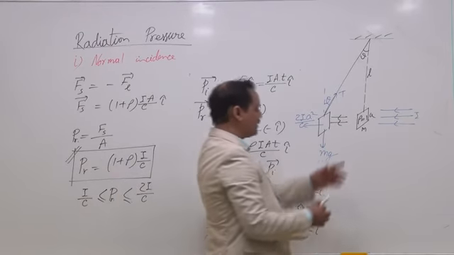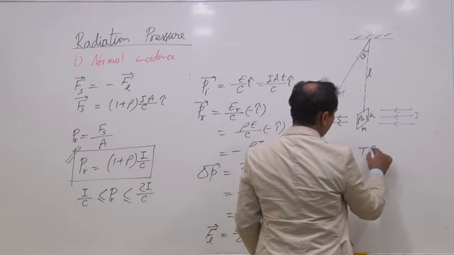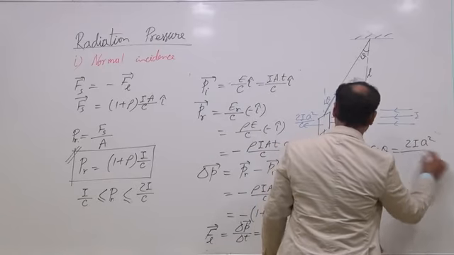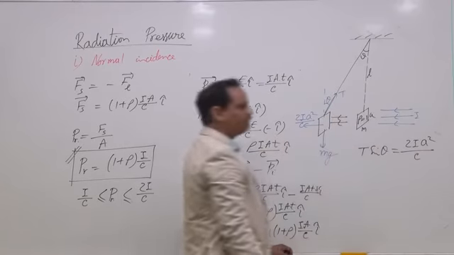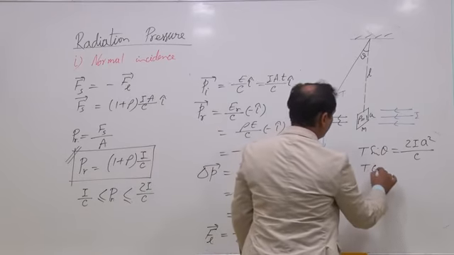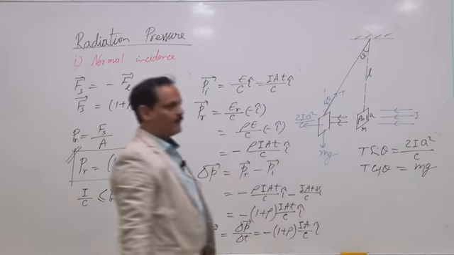If I write the horizontal force, because of tension, the horizontal component is T sin theta, that is 2IA²/C. The vertical component of tension is T cos theta, which balances the weight mg.